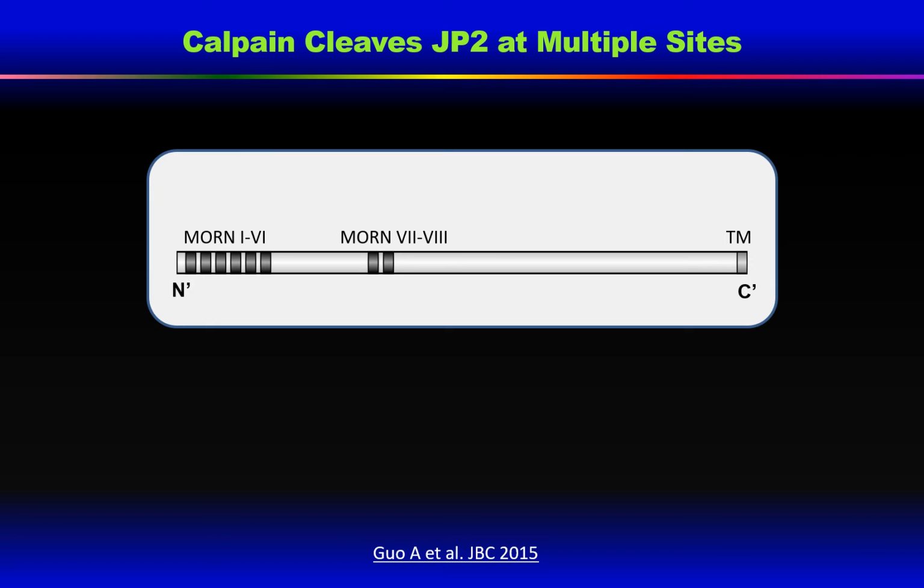Then we wondered where calpain cleaves Junctophilin-2. Using an online computer algorithm, we identified 3 potential cleavage sites, 2 on the N-terminal side and 1 on the C-terminal.